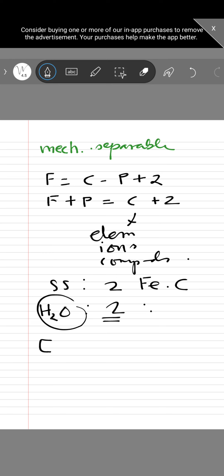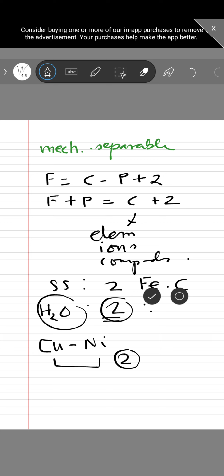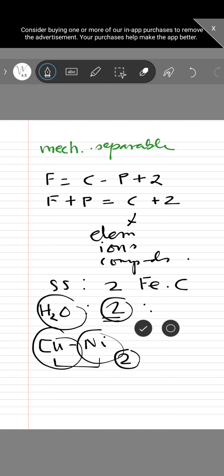In the case of a copper nickel system, which is an alloy, the elements are the components. So here the number of components is 2. In which case you are taking the characteristics of the material, if that depends upon the percentage or the fraction of the elements, then we call them components.